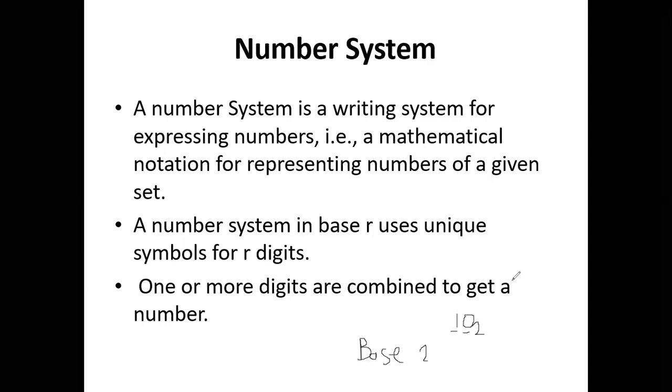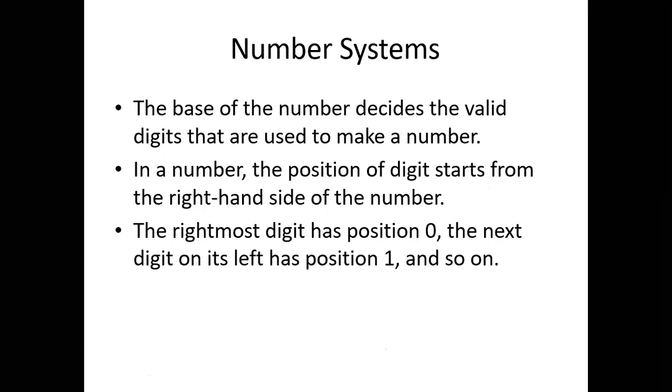So whatever number you want to express will be expressed like that. When we come up with a number, we get one or more digits and combine them to get our number. So that is about the number system.